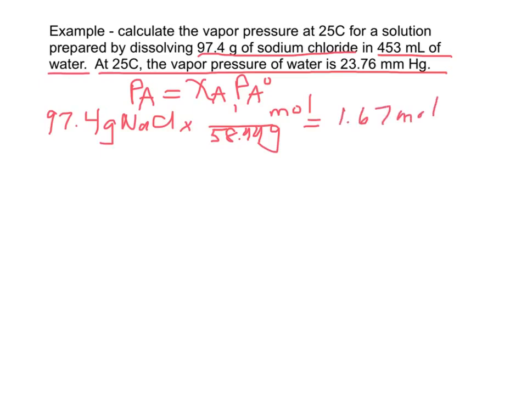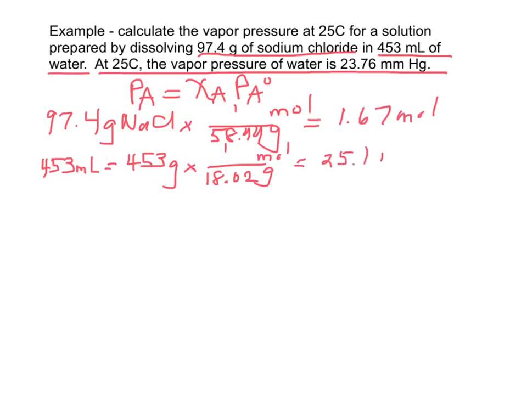And then for the water, I have 453 milliliters of water, but that's the same as 453 grams of water. So I'll go ahead and change that to moles. Okay, grams to moles, 18.02 for water. So that gives us 25.1 moles.